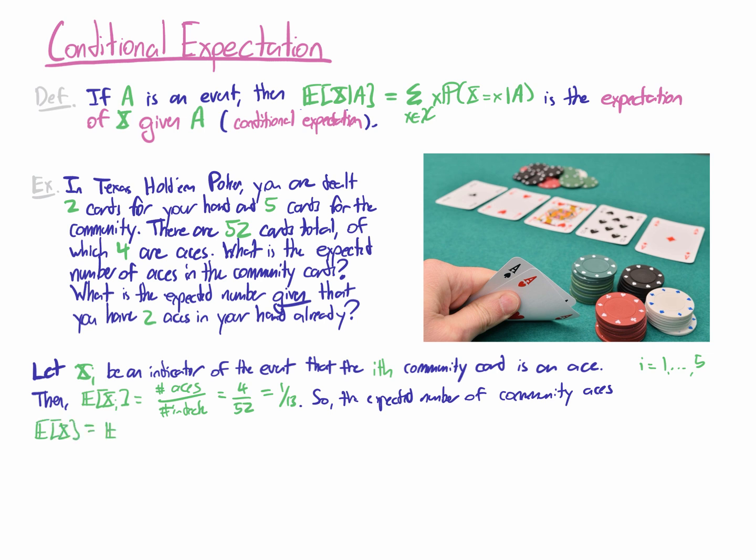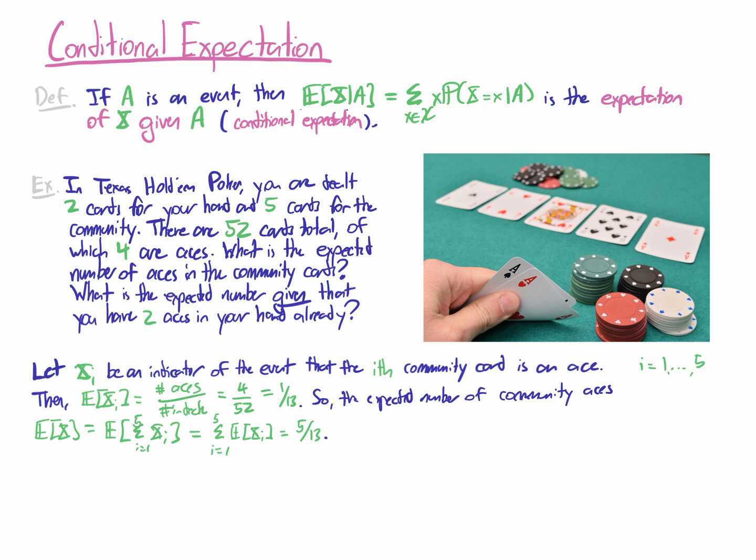That's going to be the expectation of the sum from i equals 1 to 5 of all the X sub i's, which by linearity is equal to the sum from i equals 1 to 5 of all the expectations. There's 5 copies of 1 over 13 in that sum, and so my result is 5 divided by 13.